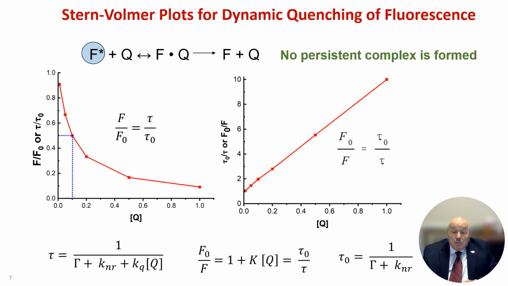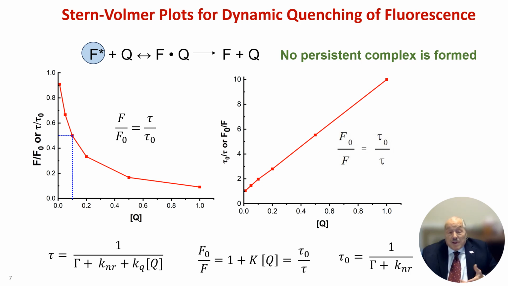The usual way of presenting quenching data is by the Stern-Volmer equation. If you didn't use the Stern-Volmer equation, for collisional quenching or any other type, basically as the quencher concentration increased, you would see the fluorescence intensity decrease.